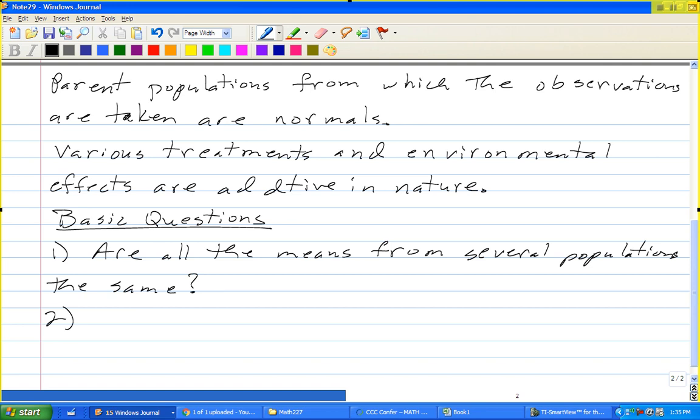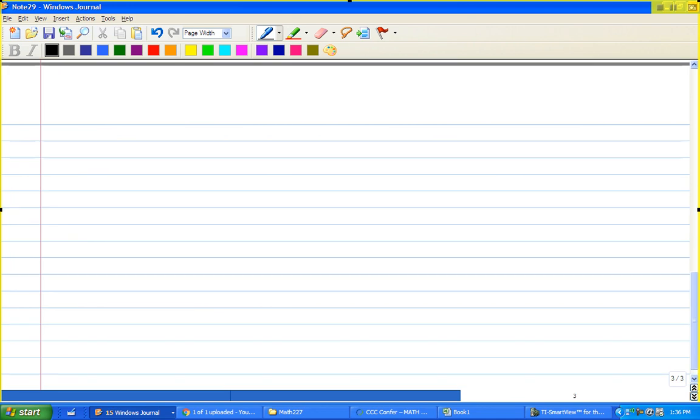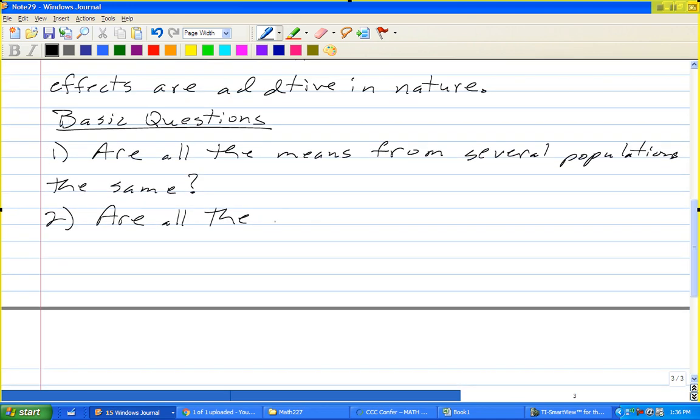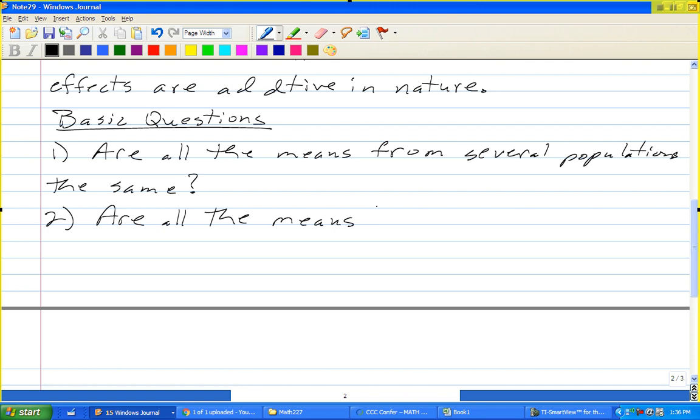Next, are all the means from several treatments on one population equal?